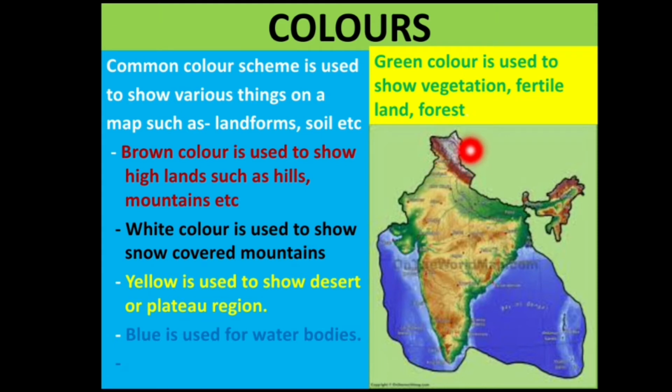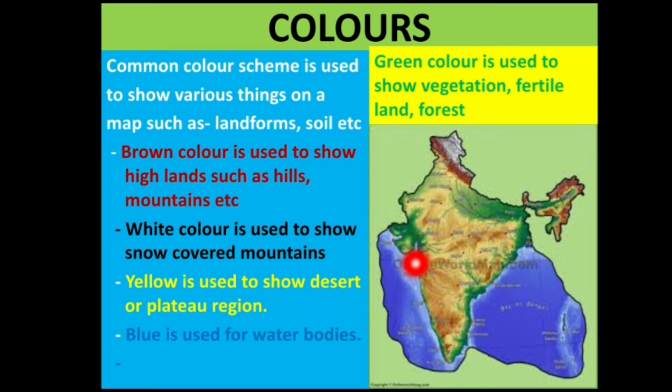And if white color is also there, it means these mountains are covered with snow. Then green color, you can see here, is used to show vegetation, fertile land and forest. So it means in this area the soil is fertile and vegetation is there.